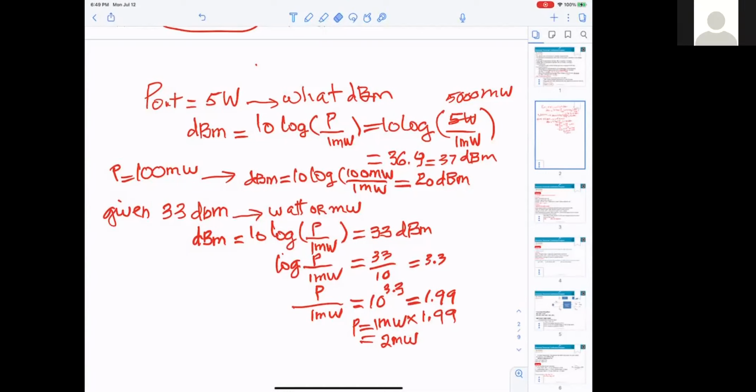It should be 2 watts, not 2 milliwatts. How come you get 2 watts? By calculation. You say right here, P over 1 milliwatt equal 1.99 milliwatt.